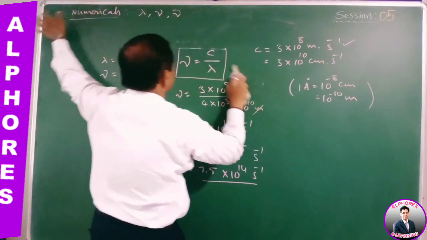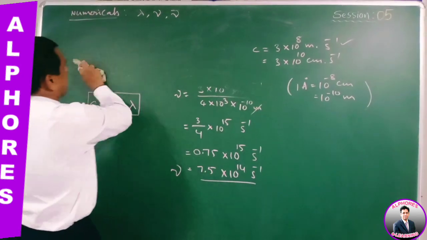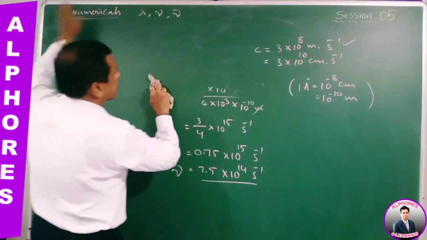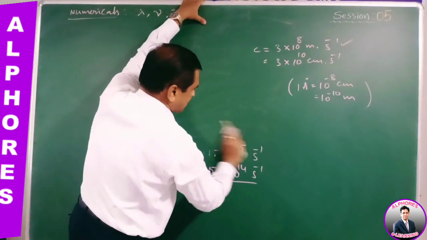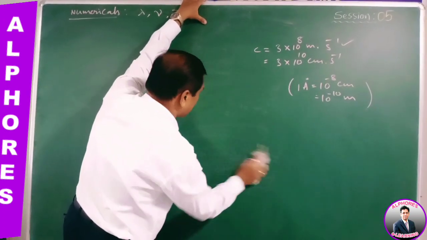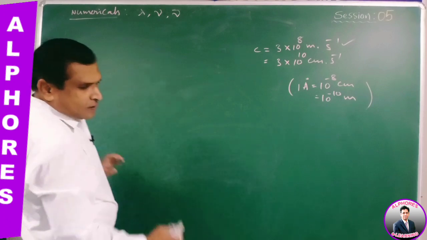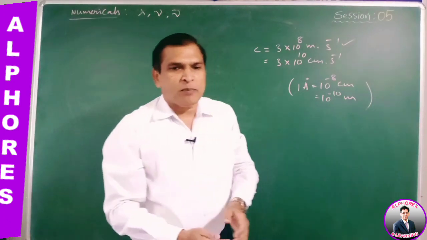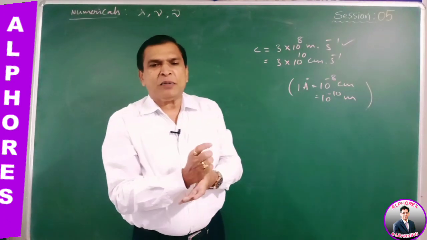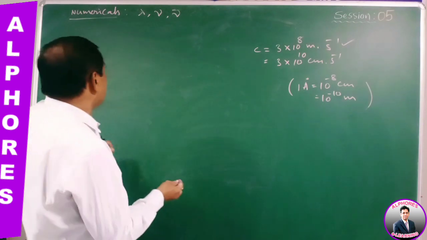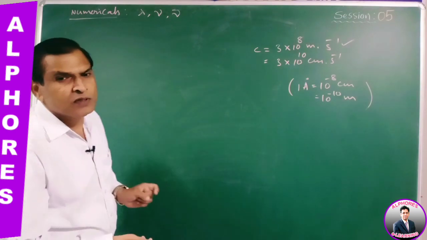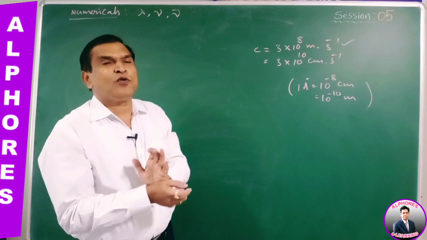Let us leave these constant values. Now the second problem is: calculate the wave number of radiation having wavelength 4000 angstroms.